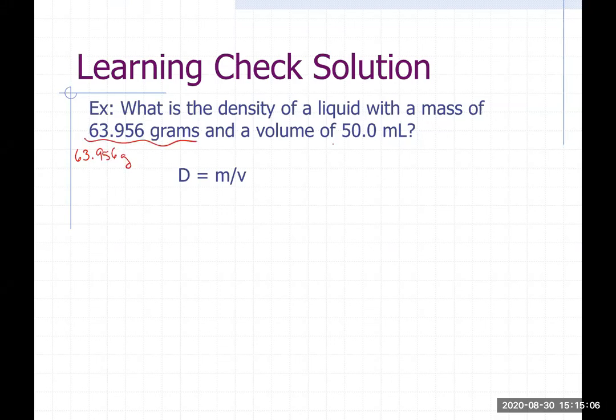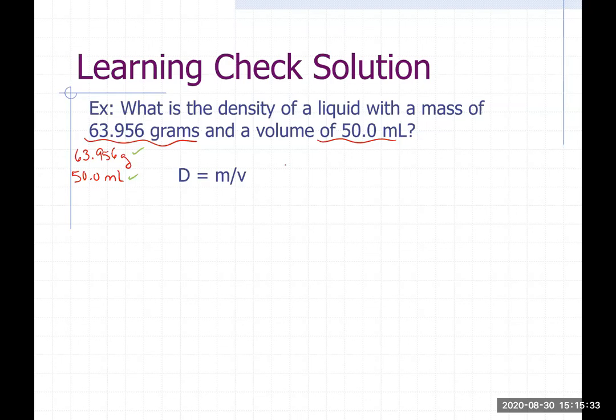That's one of our values in this question. The other one is 50.0 mL. And if we evaluate those units, then we know that we have grams and we have mL. And density is mass over volume, and the mass can be represented with grams and the volume can be represented with mL.